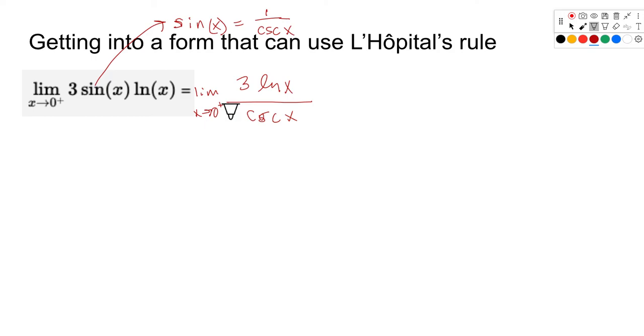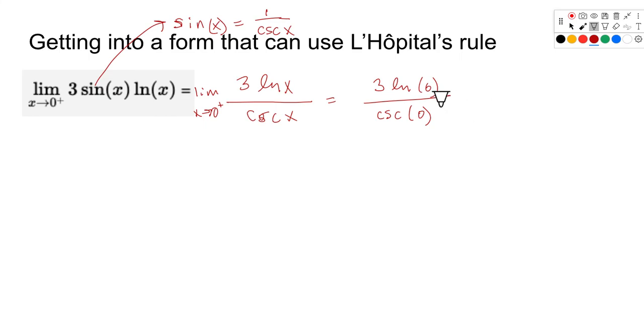Okay. So first we want to see, do we get 0 over 0 or infinity over infinity? Again, we evaluate: we get 3 natural log of 0 over cosecant of 0.